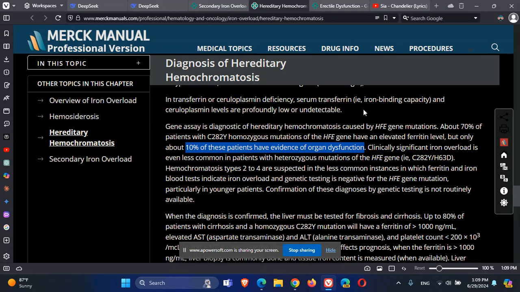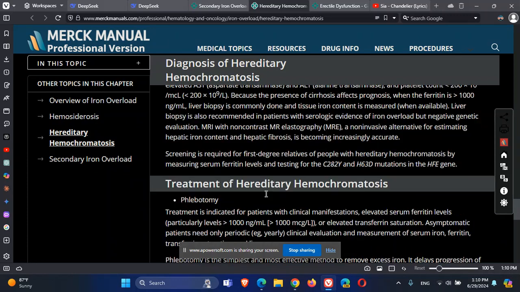This is in relation to the idea that maybe there are many patients who have hemochromatosis genetically, but clinically they may be asymptomatic. Clinically significant iron overload is even less common in heterozygotes. Okay, so type 1 can be checked by checking the gene, but types 2 to 4 are less common, so there is a less available genetic test.